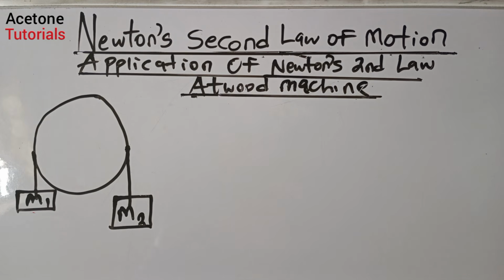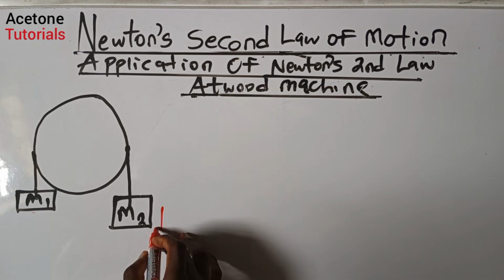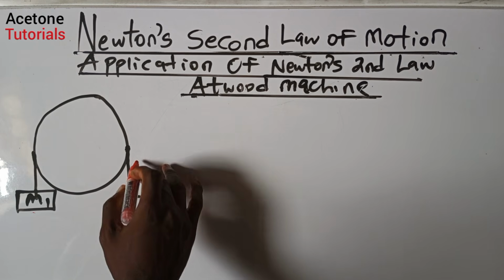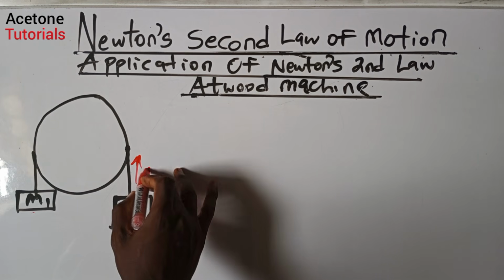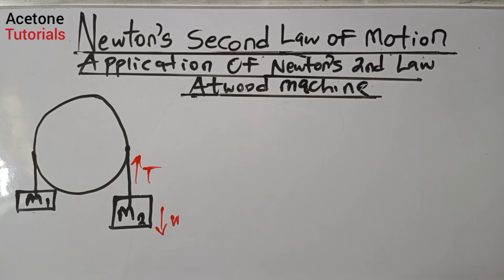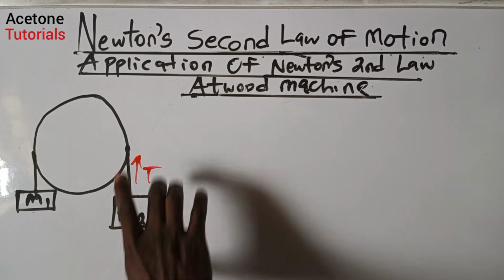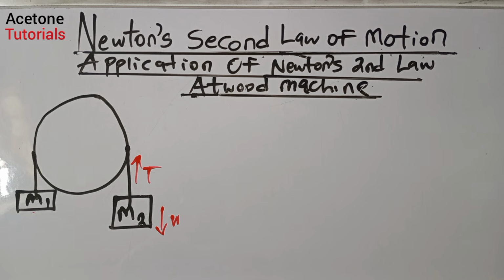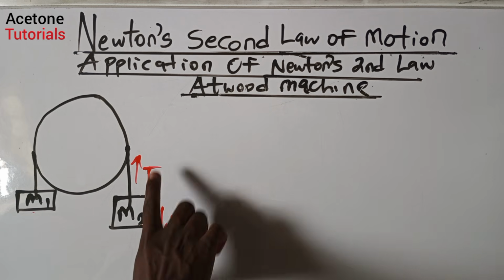Now for m2, two forces are acting on it: the downward force, which is the weight, and the upward force, which is the tension in the rope. The net force on m2 will be the difference between these two forces.